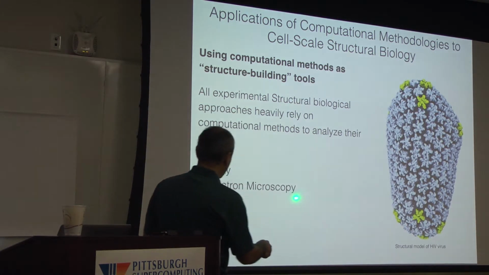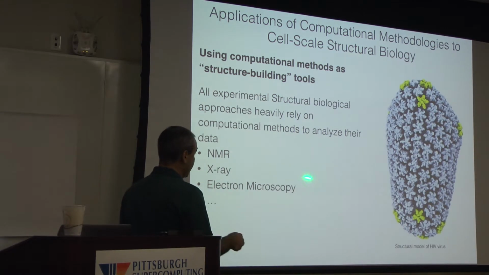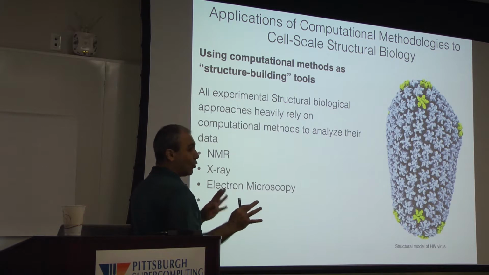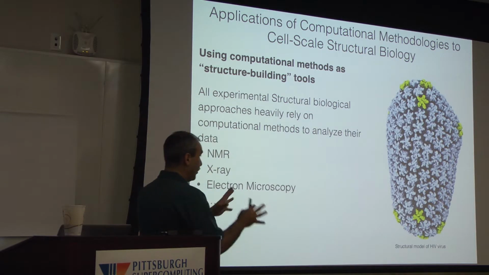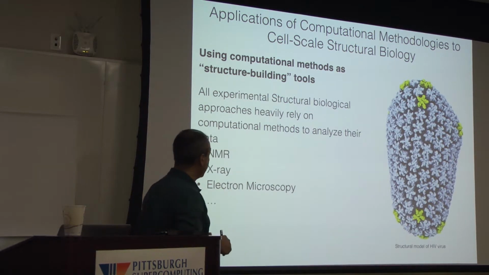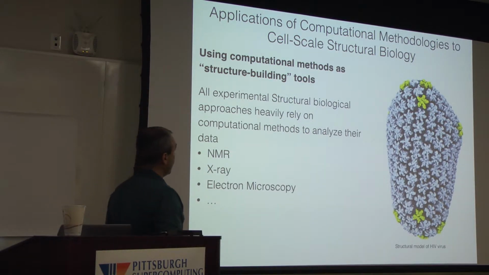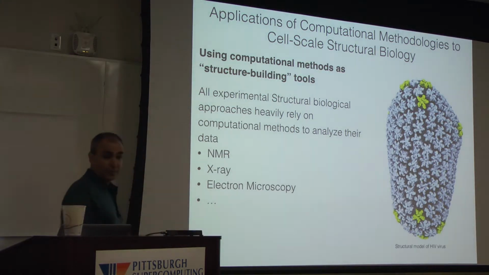This has become more clear in the case of electron microscopy, because there you usually get low resolution data and you need to build a molecular model into those densities. But in other techniques, we have been using computational methods as structure building tools.